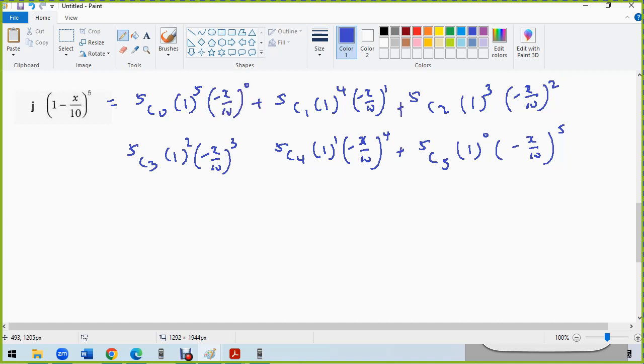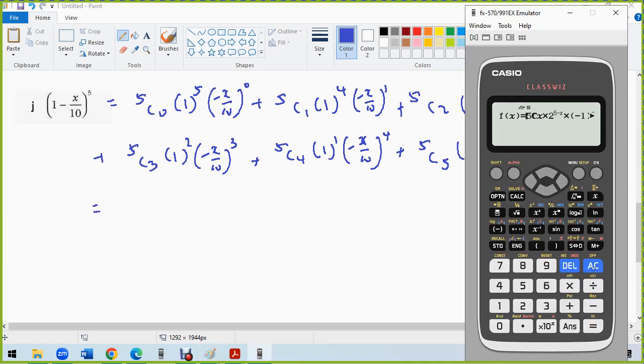Okay, so we have the 5Cx, 1 to the power of 5 minus x, and then negative 1 over 10 to the power of x.